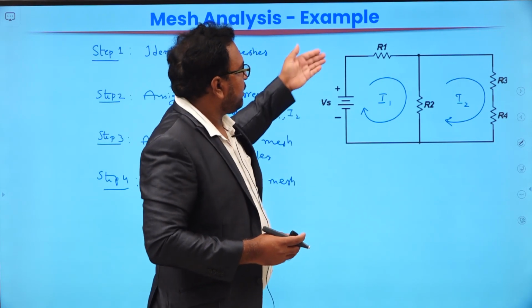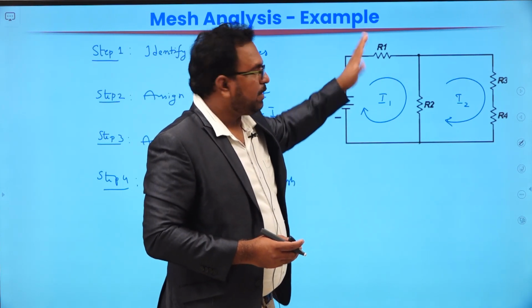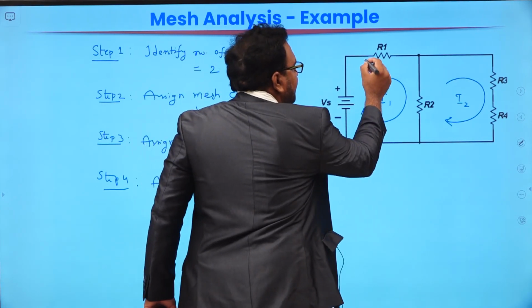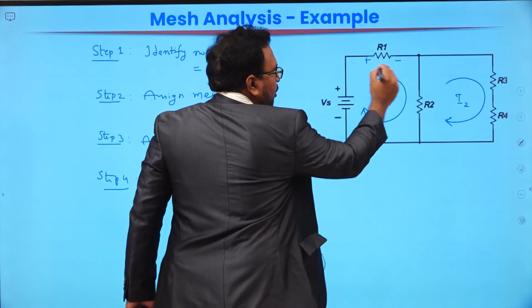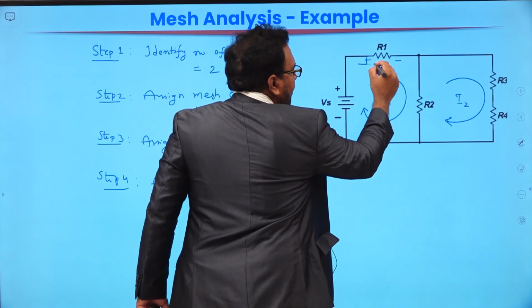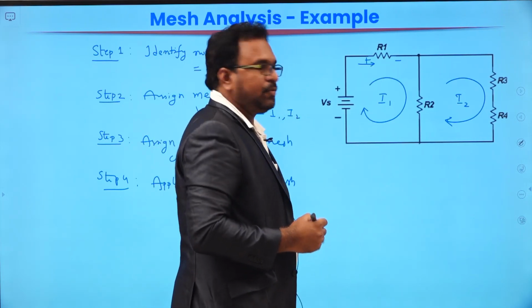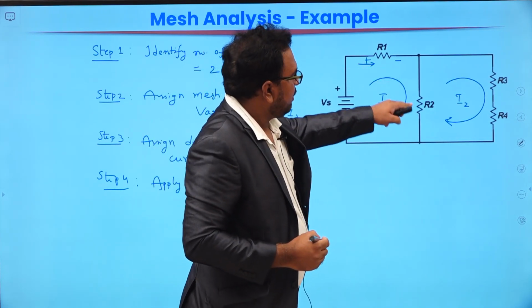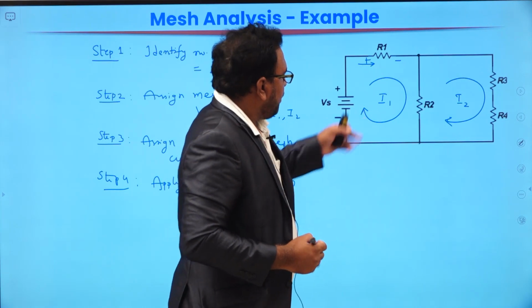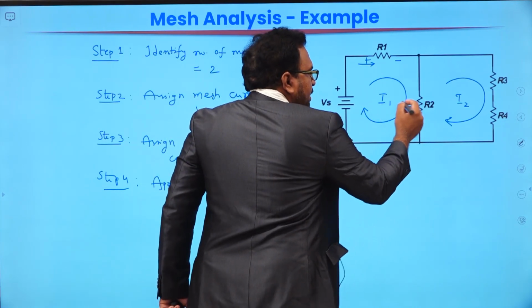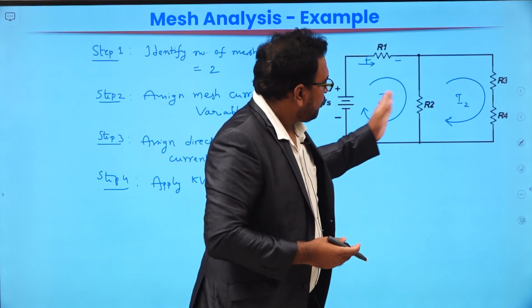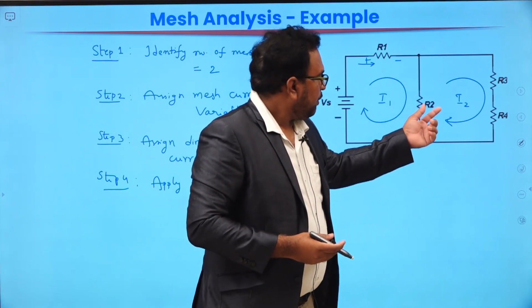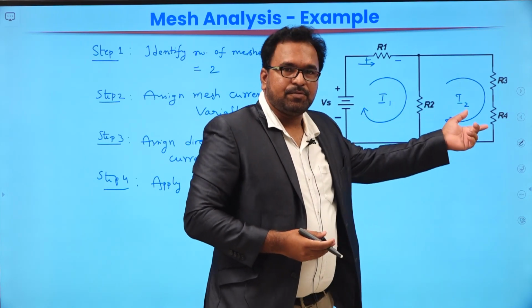The current entering the terminal is always positive, and the terminal it leaves is always negative. We will assign this terminal as plus and minus because when the current is moving clockwise, the current will enter from this terminal through R1. That's why it is plus minus. Coming to R2, it is common to both meshes, mesh 1 as well as mesh 2.